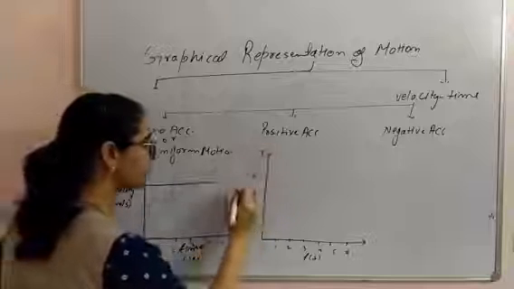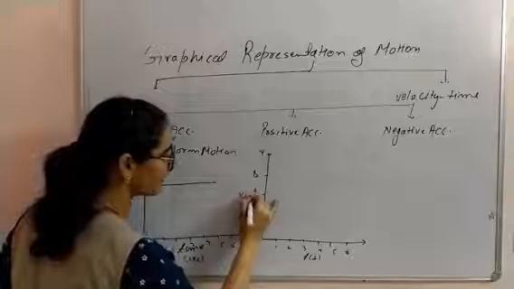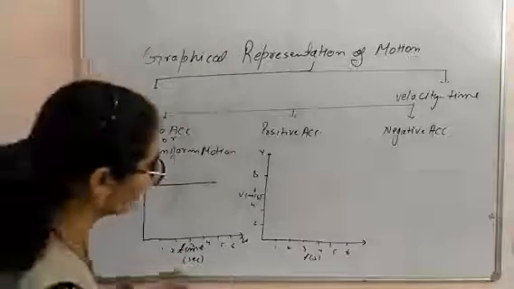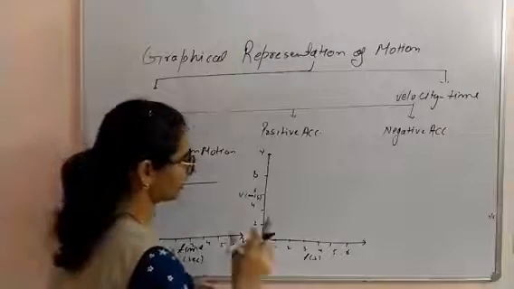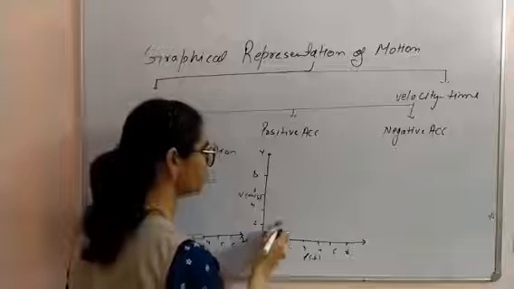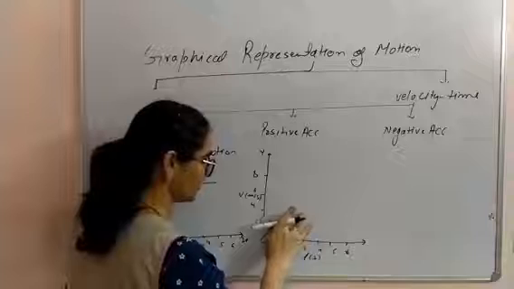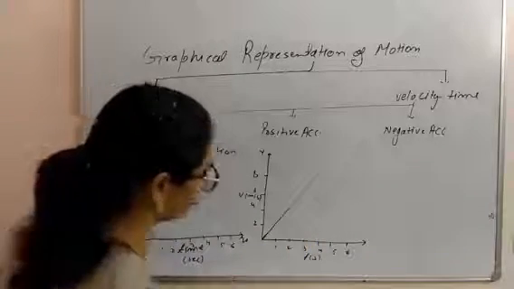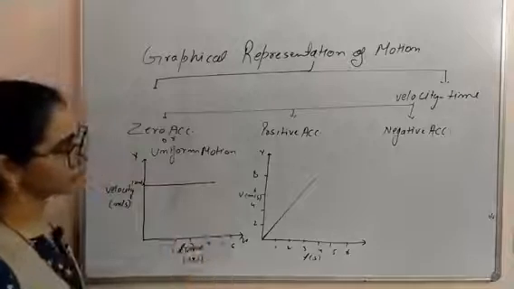On y-axis we have velocity, that is in meter per second. On x-axis we have time, that is in second. When we are talking about positive acceleration, that means the object velocity is increasing with respect to time. Okay, so this is your positive acceleration.